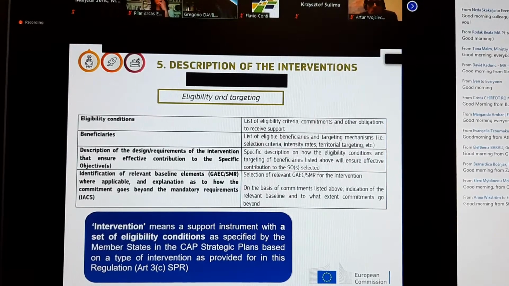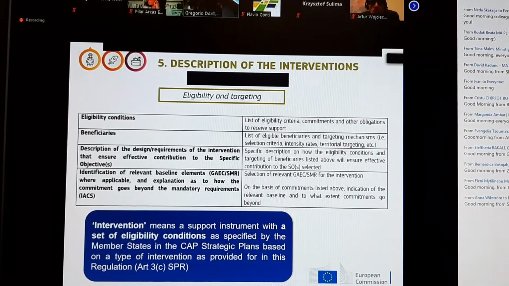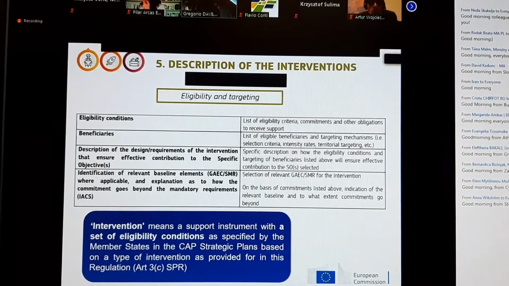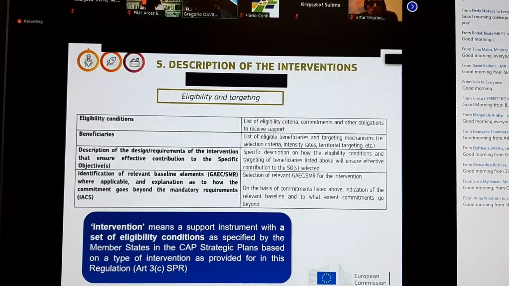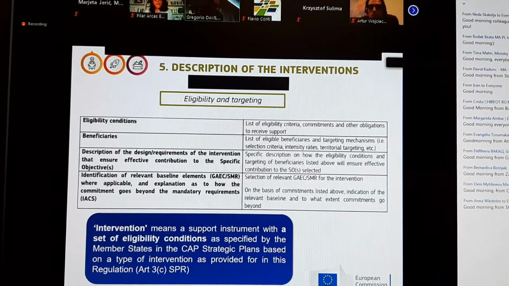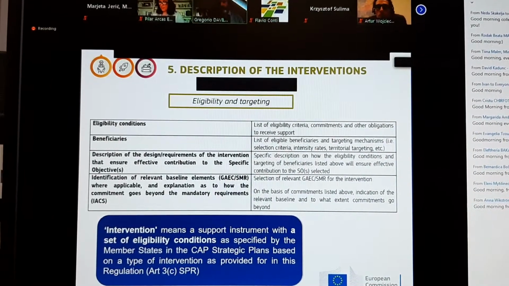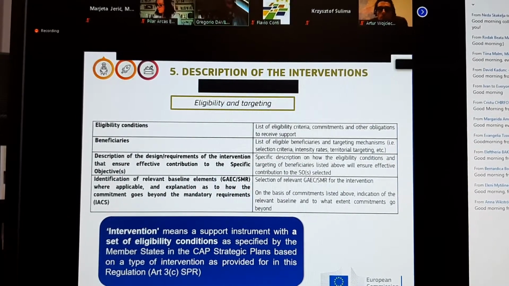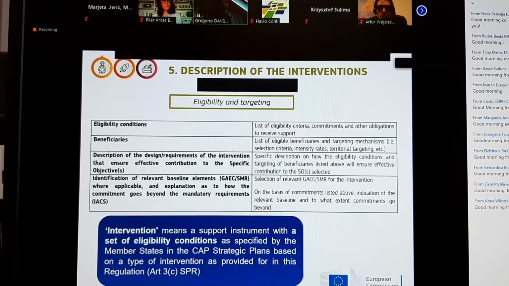Of course, this will be looked at with the link to the SWOT, the needs assessment, and the territorial targeting that I was referring to before. So are there territories or areas that are receiving increased support, that are excluded, or that are favored? What is the territorial targeting, if any?